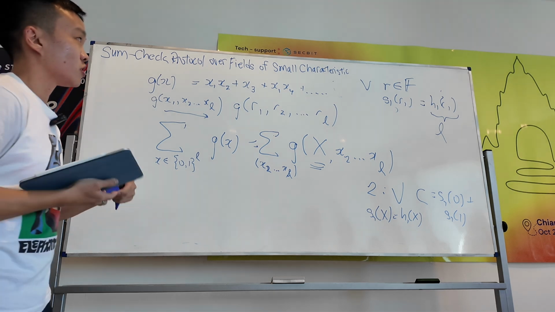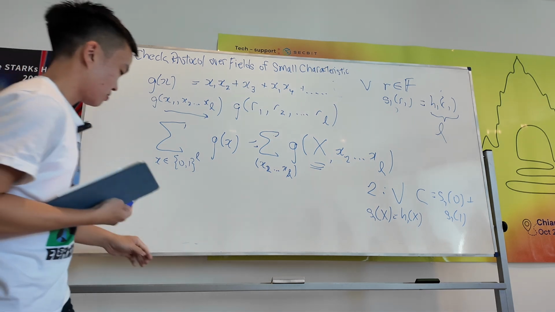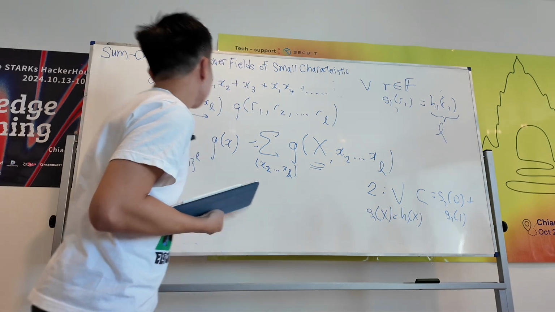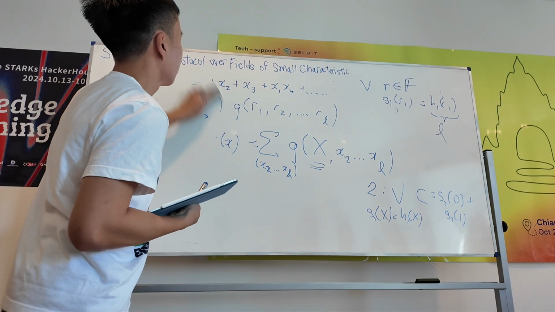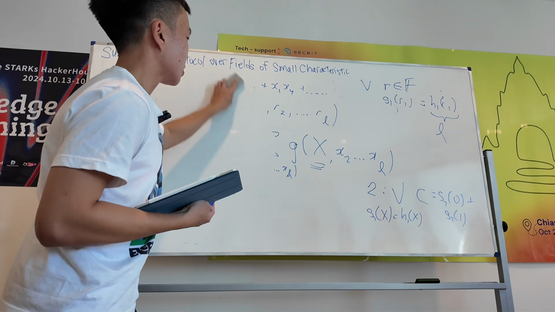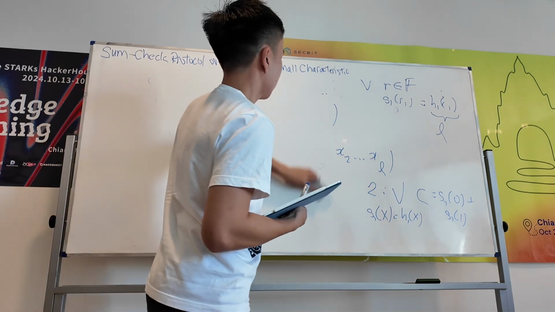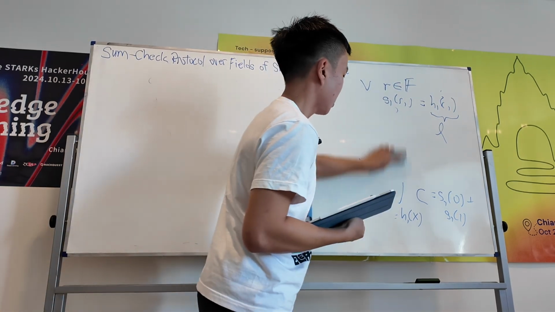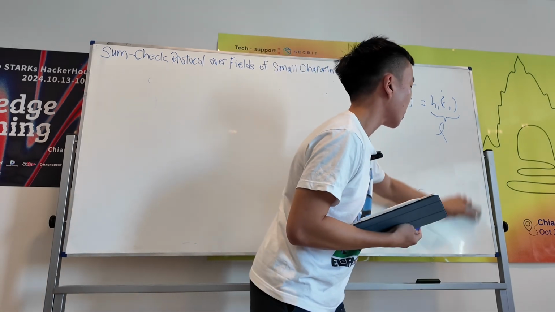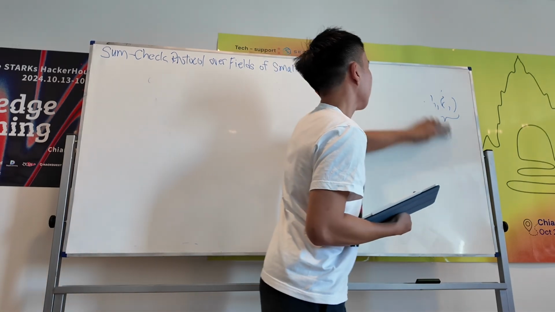So maybe now let's talk about the paper itself. The paper presents two algorithms. One is the original algorithm, and the second one is the improvement. And maybe I'll give a bit of motivation for why they came up with this new algorithm.